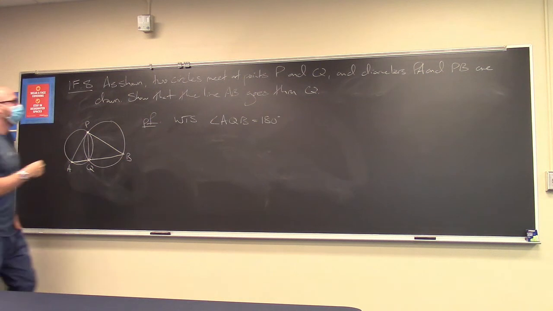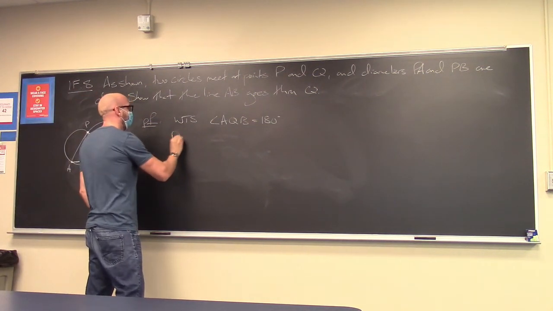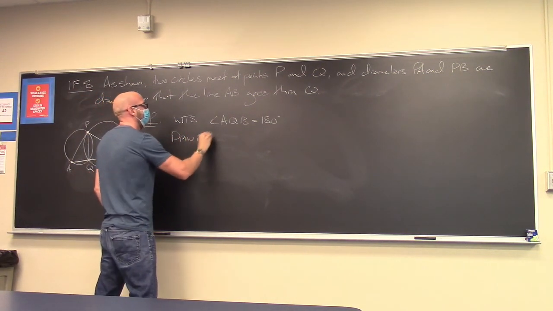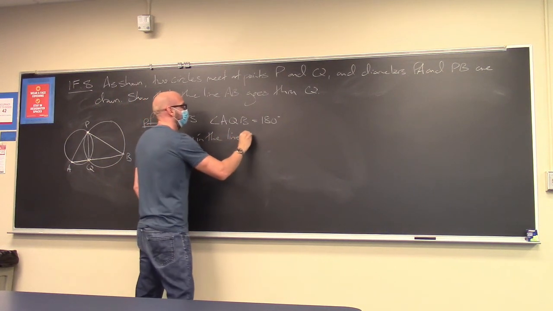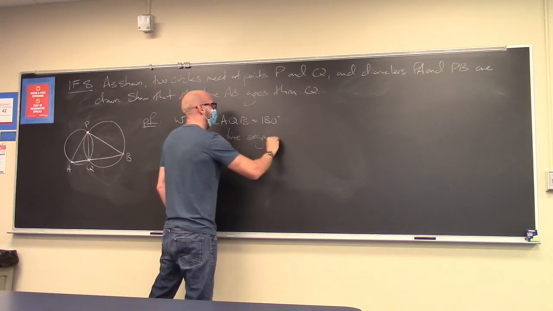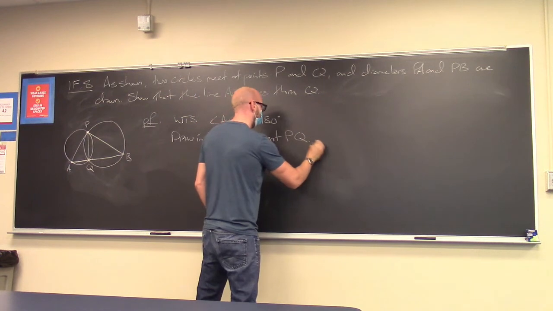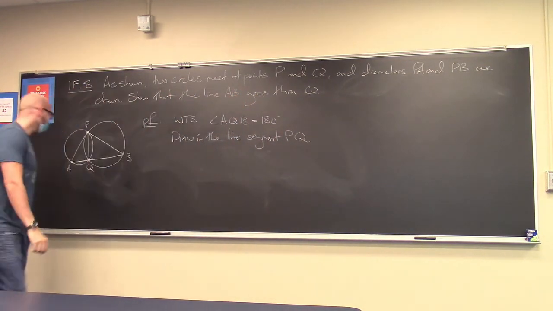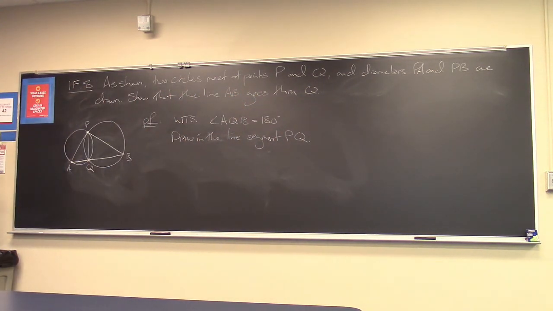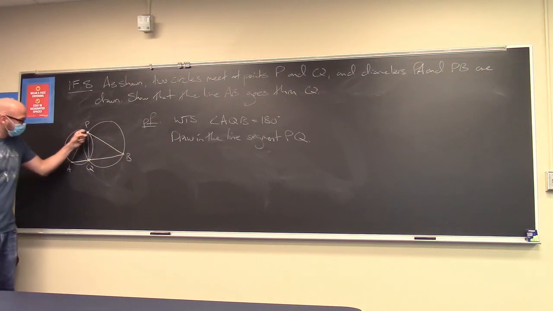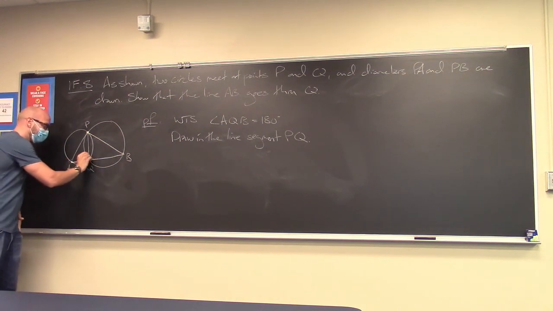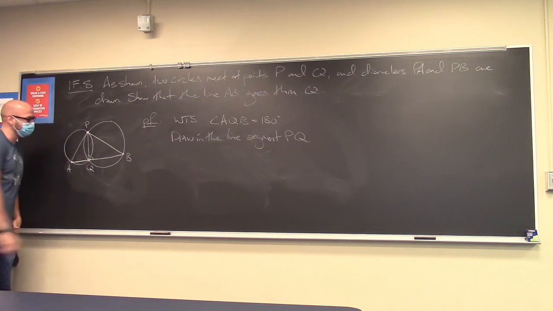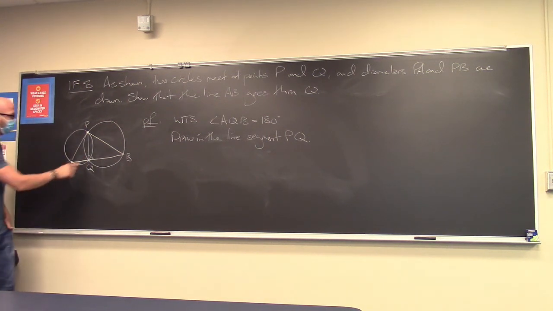And so the proof is let's draw in the line segment PQ. By the previous corollary, because PB is a diameter, this angle right here is in fact 90 degrees.